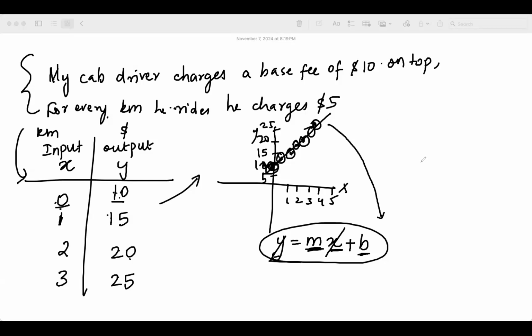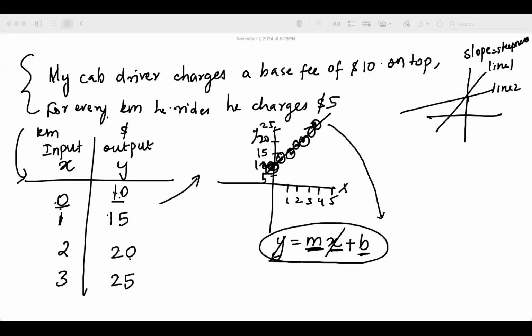I need to write my equation. Before I write down my equation, I want to tell you the concept of slope. For a line, slope means the steepness. Slope refers to the steepness. So let me call this line 1. Let me call this line 2.